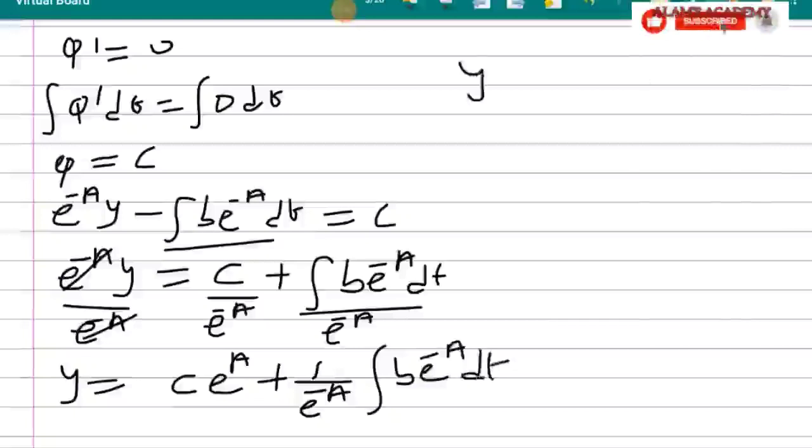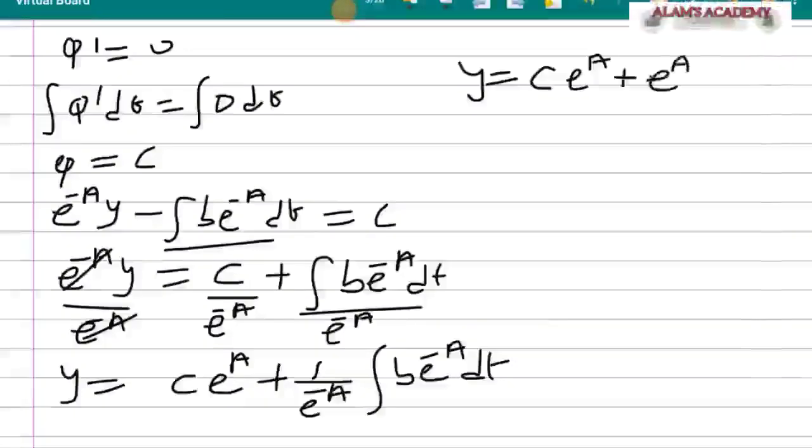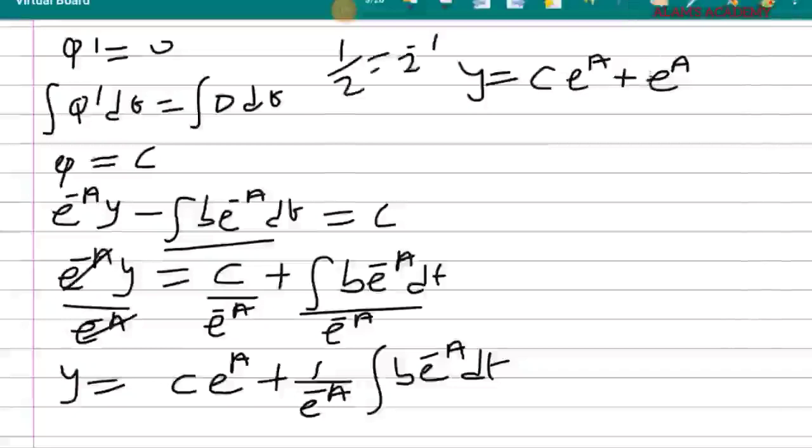Furthermore, we can have y equal to c e^(at). I can rewrite this also as e^(positive at), because if I have 1 over 2, it can be written as 2 exponent negative 1. It's the same. So 1 divided by e^(-at) I can rewrite as e^(positive at), and all is still multiplying by b e^(-at) dt.